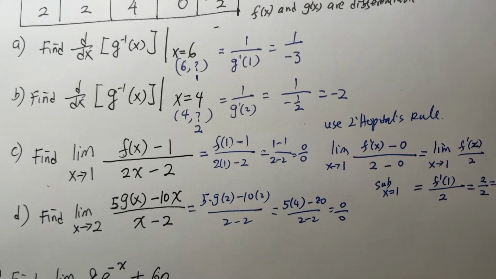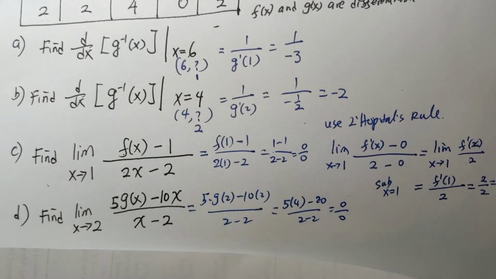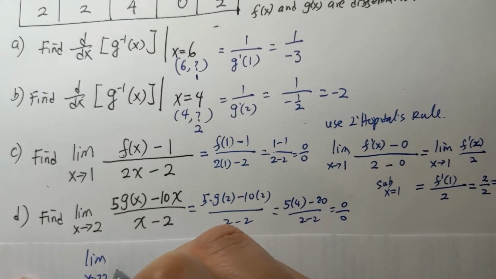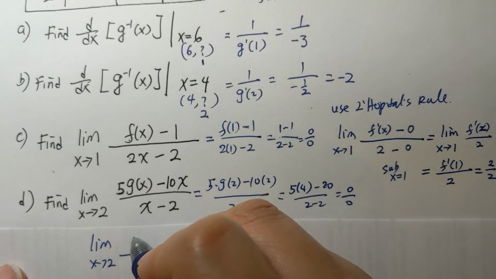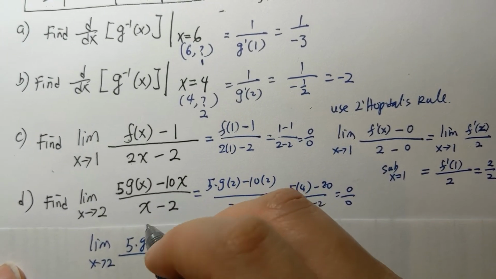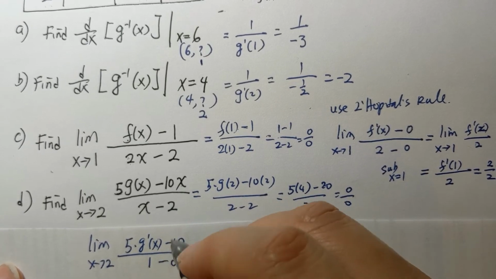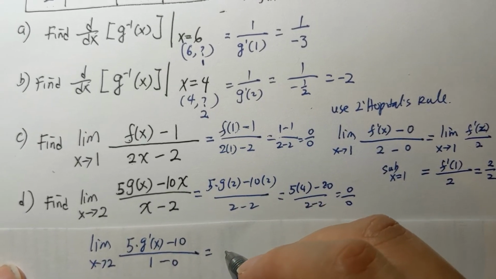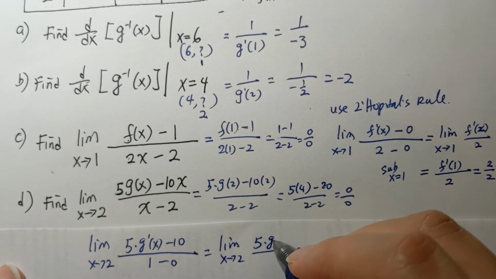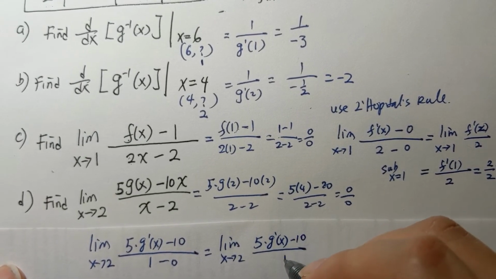So L'Hopital's will tell us to find the limit as x tends to 2, find the derivative of the numerator, which is 5 times g prime of x minus 10. The derivative of x is 1 minus 0 because the derivative of 2 is 0. Now we're going to simplify. So you get 5 times g prime of x minus 10 over 1.